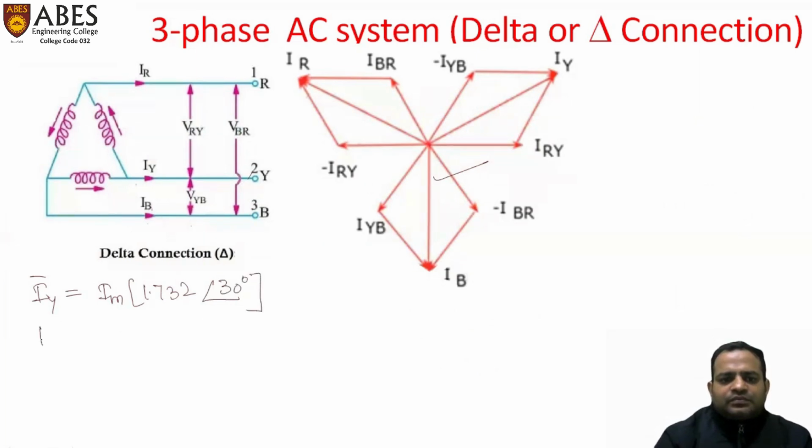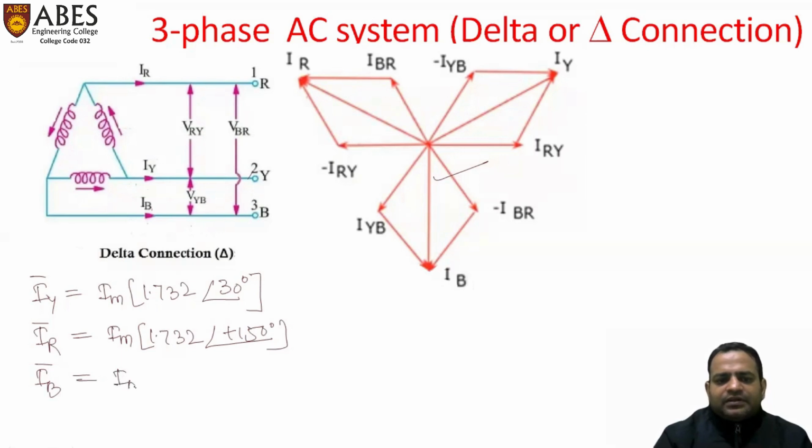IR is Im 1.732 angle plus 150 degree, and our IB, these are line currents IR, IY, IB, with a magnitude of 1.732 angle minus 90 degree.